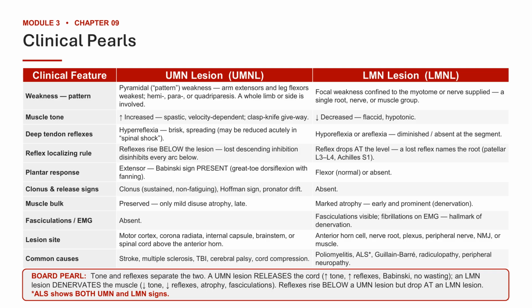A patient with brisk reflexes in a wasted fasciculating limb is showing you both at once, and that combination should immediately raise motor neuron disease in your mind. The board pearl in a single line: a UMN lesion releases the cord, an LMN lesion denervates the muscle.